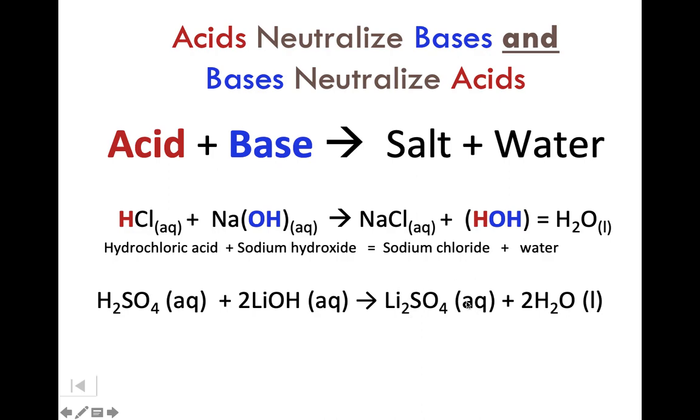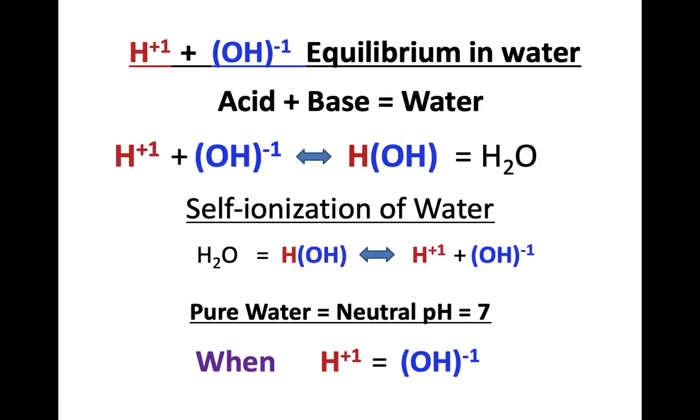And anything with a metal and a nonmetal, or an anion and a cation, is a salt plus water. Okay, so one thing to notice is that an H plus an OH makes the water. So that's part of what's going on with the acids neutralizing the bases.